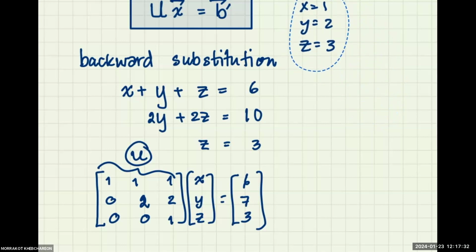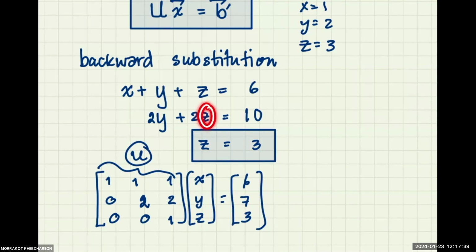Because you can say that z is 3. When you know z, you plug z in here, you can get y easily. So y is just 10 minus 2z divided by 2. Okay.